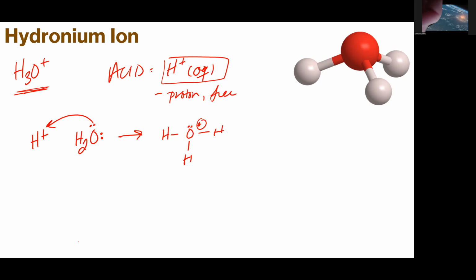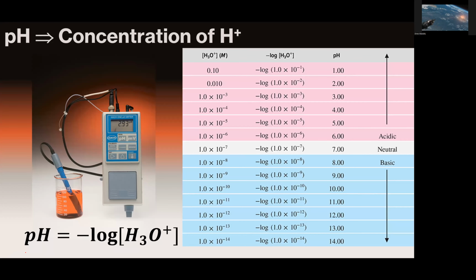All right, let's take a stab at looking at some of this. pH is a log scale because it lets us represent very small amounts of H plus or H3O plus.